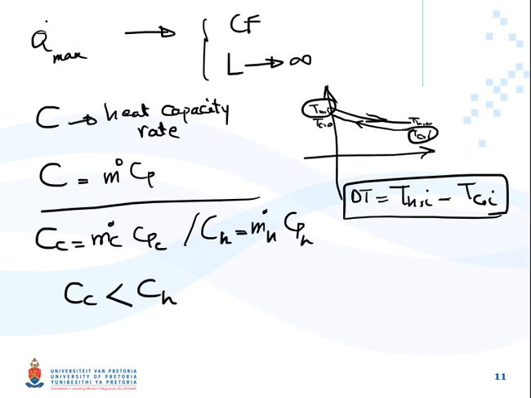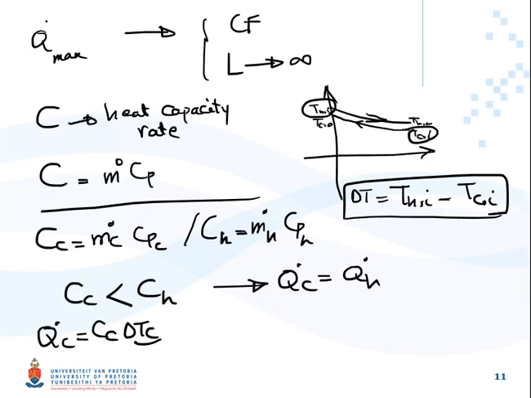So what will happen? We also said that from the energy balance, Q dot C is equal to Q dot H. We also know that Q dot C is Cc delta Tc, and Q dot H is equal to CH delta TH.